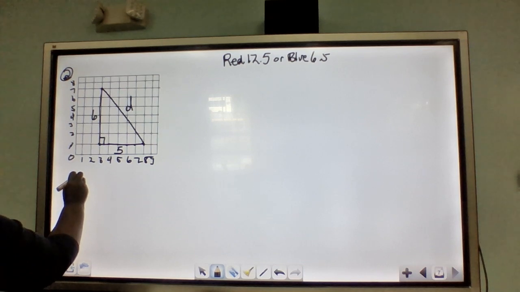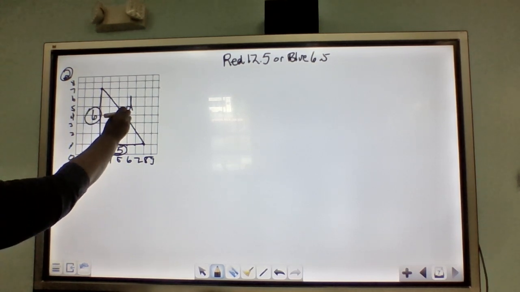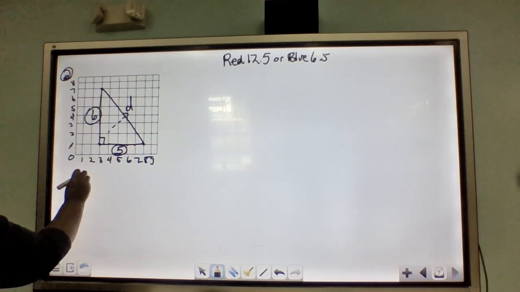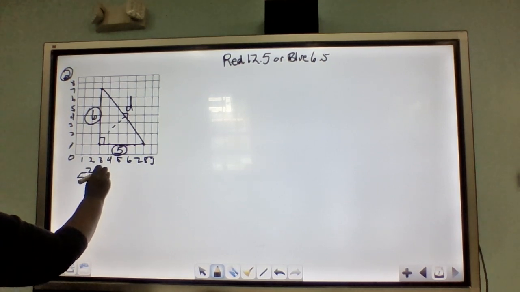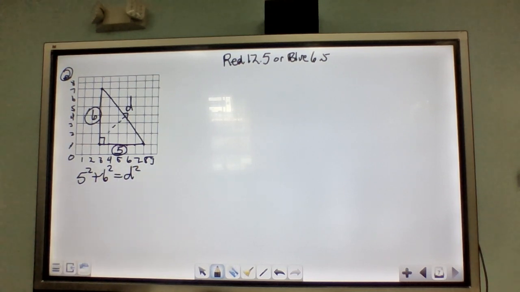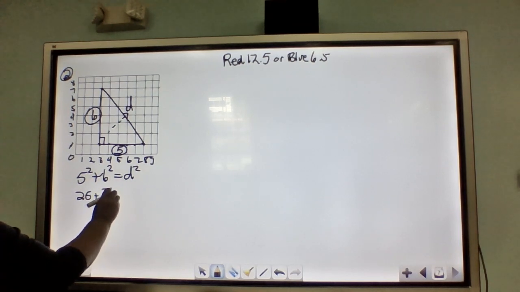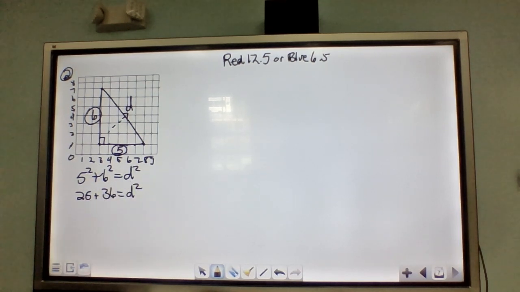So you have 2 legs and this hypotenuse. So you have 5 squared plus 6 squared equals D squared. 5 squared being 25, 6 squared being 36, D squared. Okay? Add the two together.